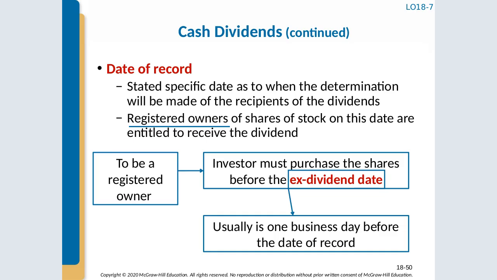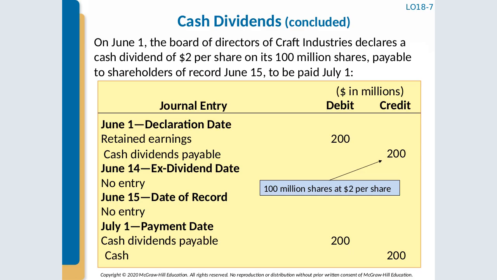All right. So sometimes the problem or the exercise may mention a date of record. This is just a memorandum. It's basically administrative, to make sure that we have the names of our shareholders, their addresses, bank account numbers, etc., so that we can pay our dividend. Okay, so we have an example here of a cash dividend on June 1st.